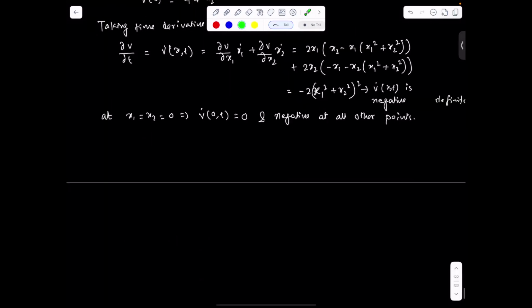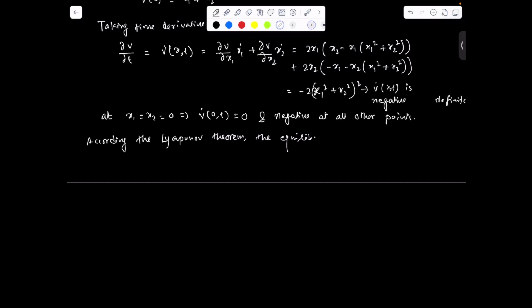So according to the Lyapunov theorem, the equilibrium point, which is basically 0, 0, is asymptotically stable.